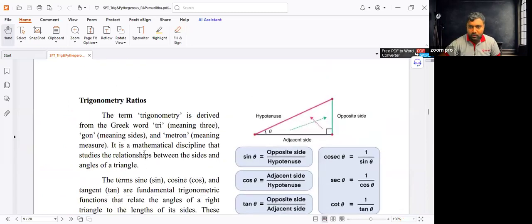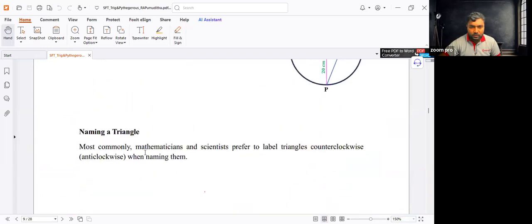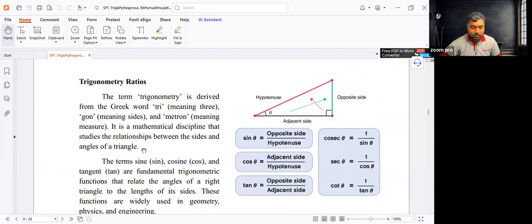Okay, then let's move to our topic. Write the main topic as trigonometry.